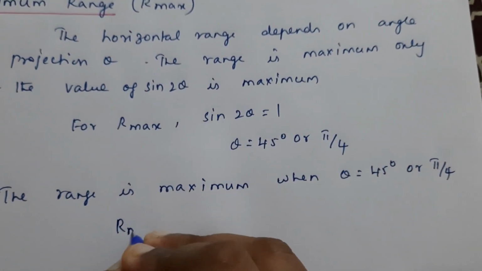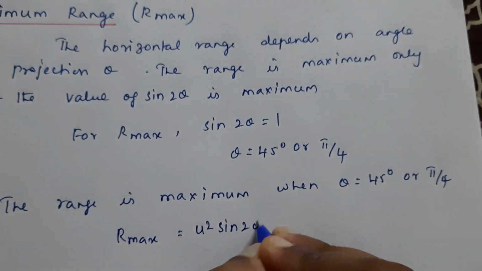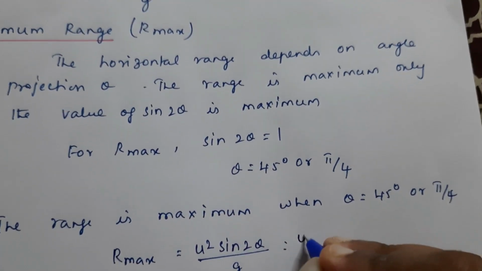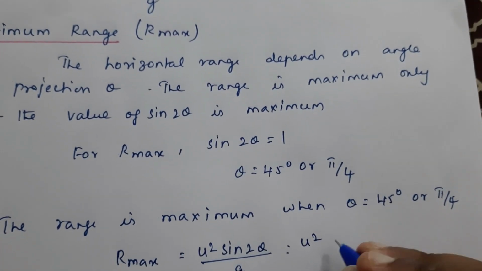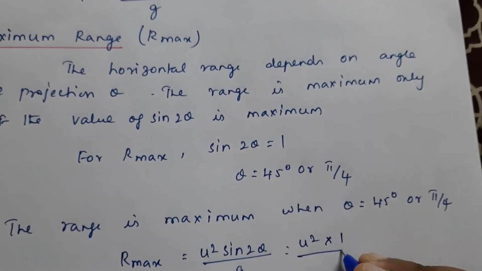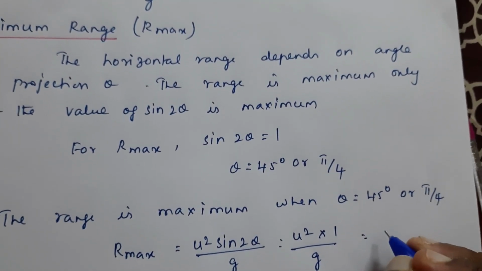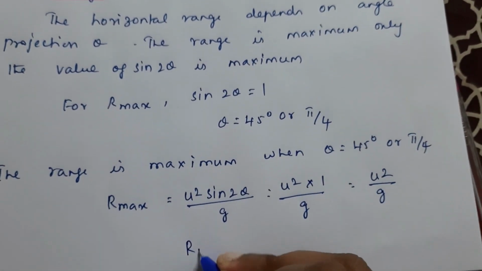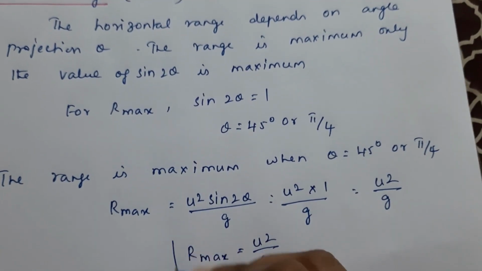So R maximum is equal to U square sin 2 theta by g, which is equal to U square, and for sin 2 theta I am going to substitute 1, by g. So it is U square by g. So R maximum is U square by g.